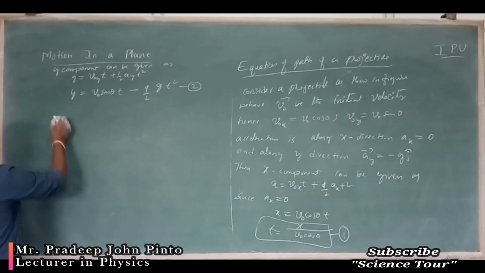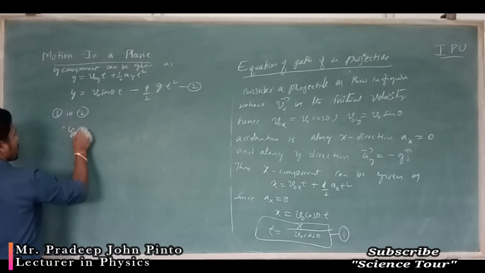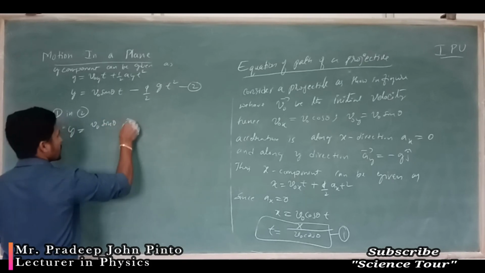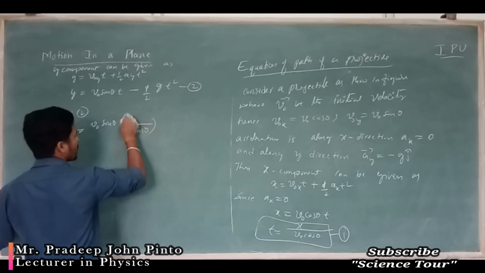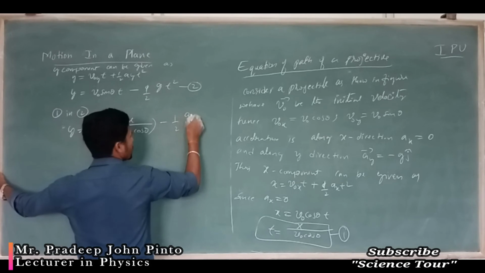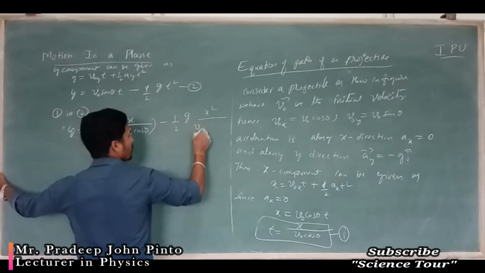So put equation 1 into equation 2. Y is equal to v naught sin theta into t, where t is x divided by v naught cos theta, minus half into g into t square, which is the square of that, x square divided by v naught square cos square theta.